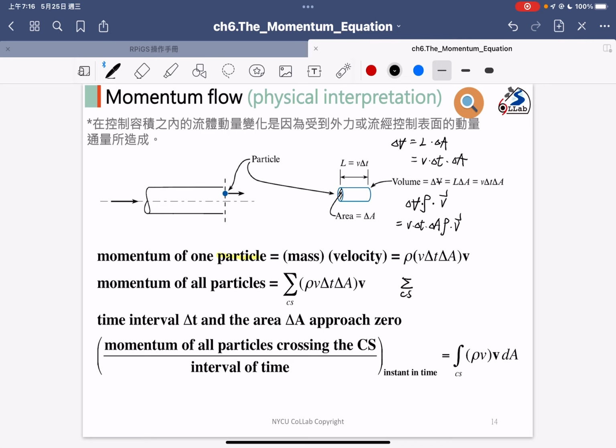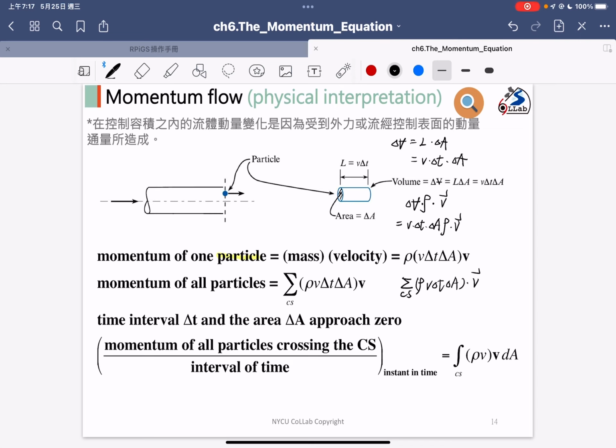So we sum along the control surface: density, V, delta T, delta A, multiplied by the velocity.